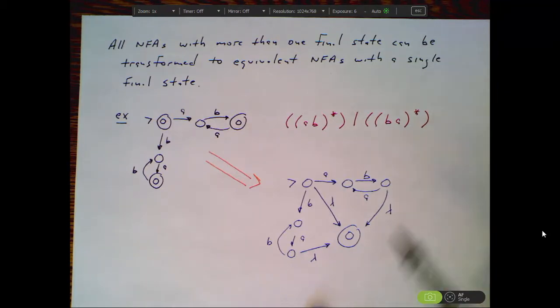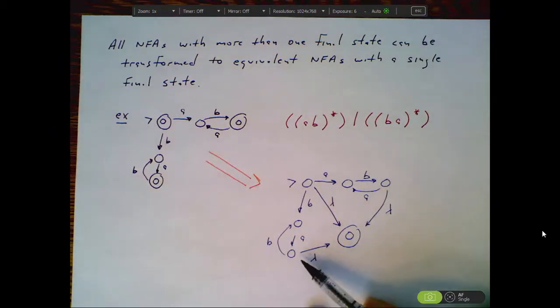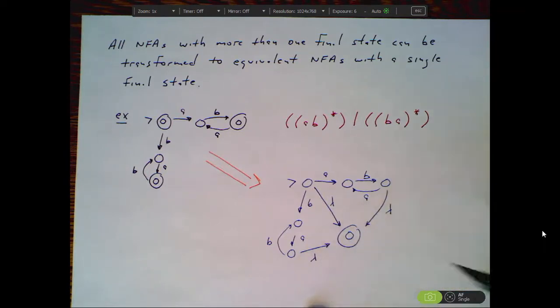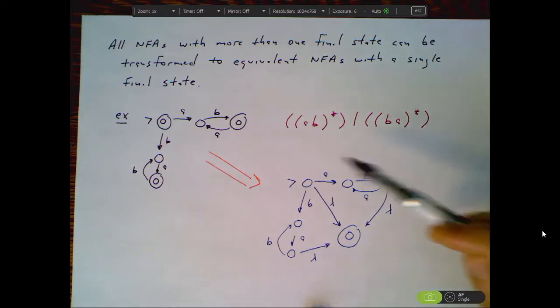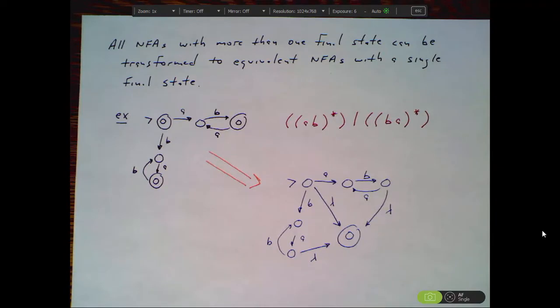Okay. And it has two final states, but I can get rid of those final states by just making the final states not be final in the new equivalent finite state machine and then adding lambda arcs to come to a special final state. Okay. So giving the user the ability to write more than one final state is really just a convenience. We can always squeeze it out and represent an equivalent machine that has just one final state.